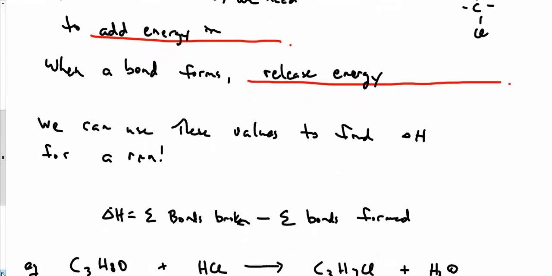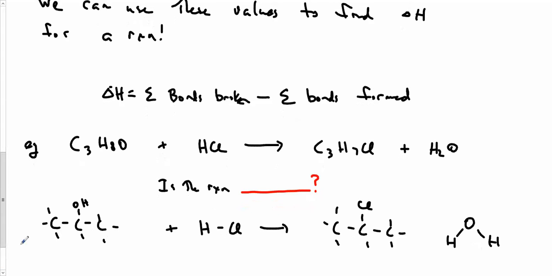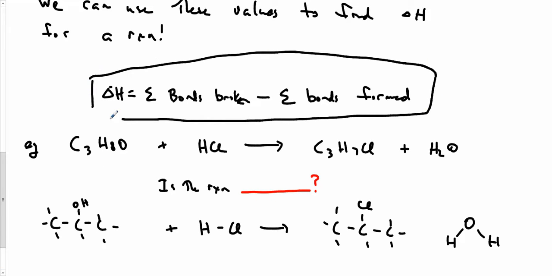Now we can use these values to find the delta H for a reaction, and the formula we're going to use is this one. I sum up the energies of all the bonds that are broken, and then I subtract the sum of the bonds formed.